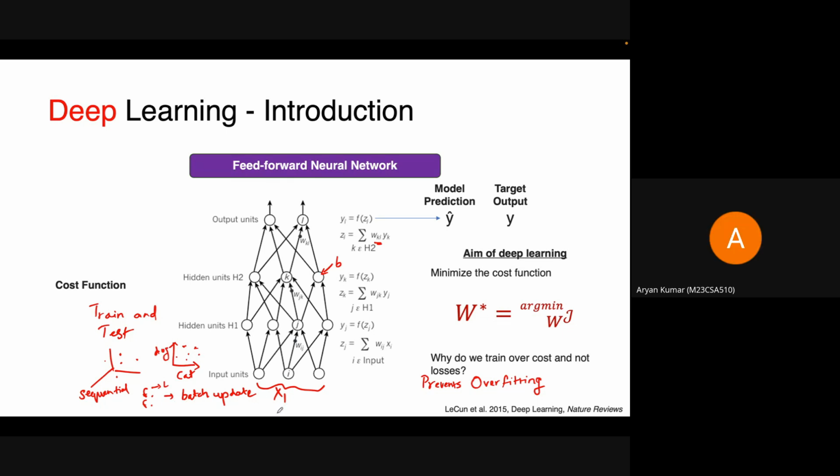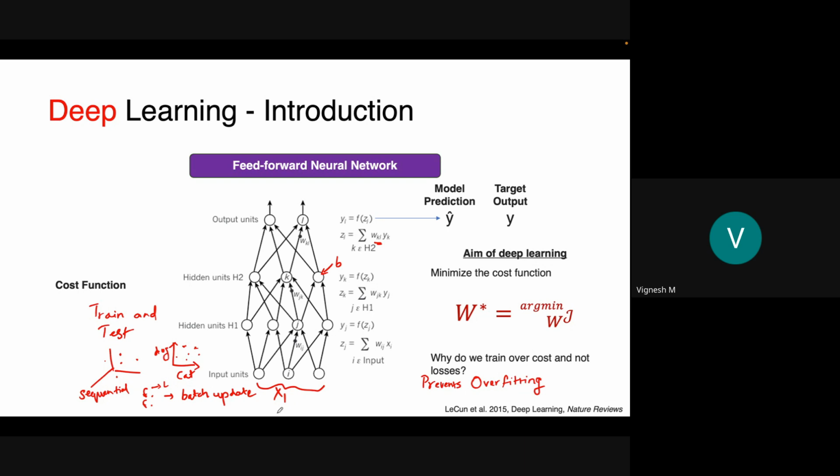So, sir, are we saying that if we do a sequential update, then we will use the loss function, but if we are doing a batch update, then we'll use the cost function? Exactly. Most of the time you use the cost function. In fact, now I'm going to show you an example where I do use the loss function at every single point and then do an update, because it's a very simple problem.